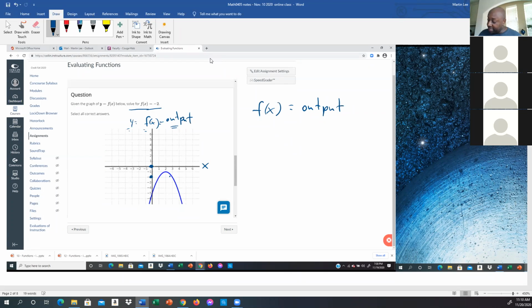Now I need to find out what x values go with this output value of -2. Well, to find that, I start at -2 and I move towards my graph to see where I intersect the graph. I intersected here. Now to find out what x value that is, I go up to my x-axis and I see it's at x equals 1. So when x equals 1, I have a y value of -2.